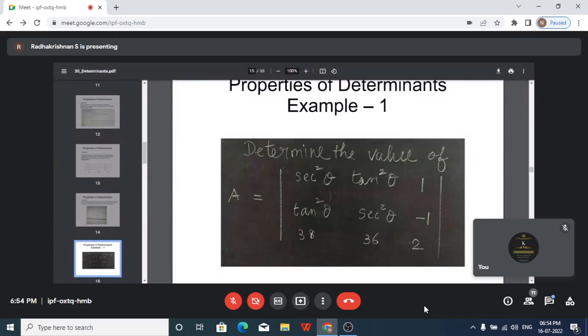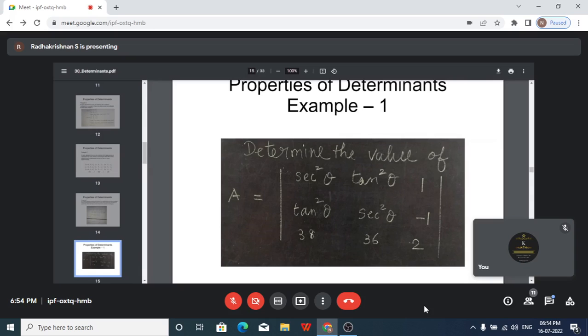Now we know that secant square theta is equal to tan square theta plus 1, which we studied in trigonometry. So our goal should be to see if we can bring two columns or rows as equal, then we can immediately say its value is 0.